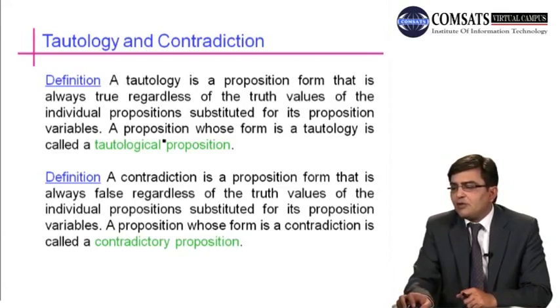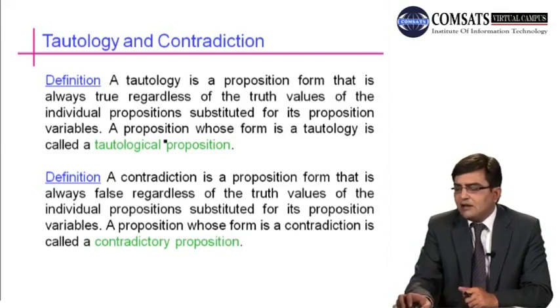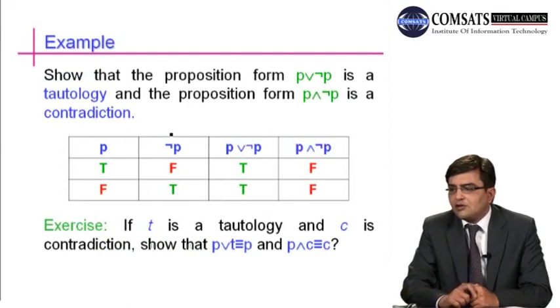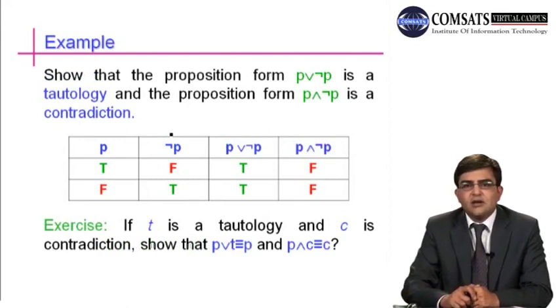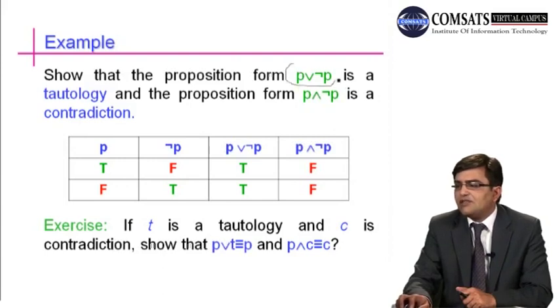A proposition whose form is a contradiction is called a contradictory proposition. We take some examples of tautologies and contradictions. For example, in this example we will show this compound proposition is a tautology, and the second expression is a contradiction.